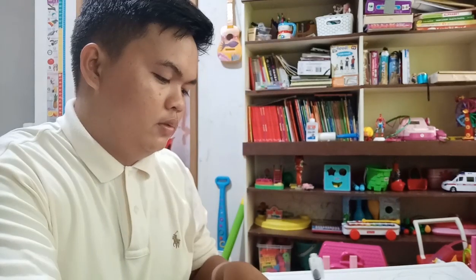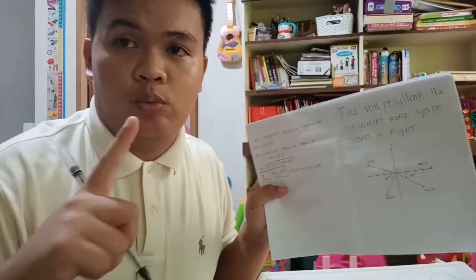So if we square the values, 213.4 plus negative 296.410 squared, we will get 365.24 N, down to the right. So we now have the resultant force. That's all for problem number 1.